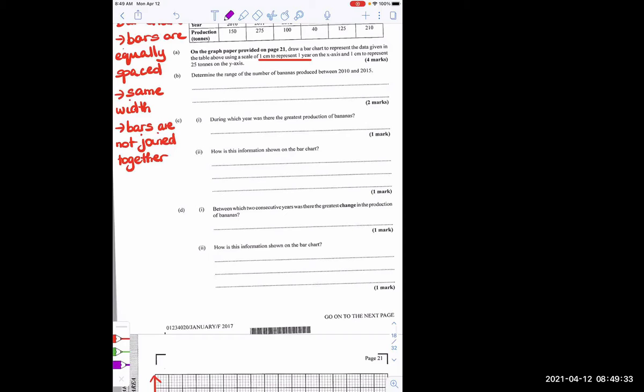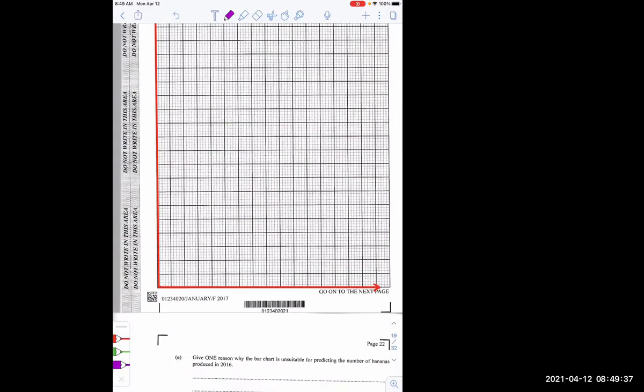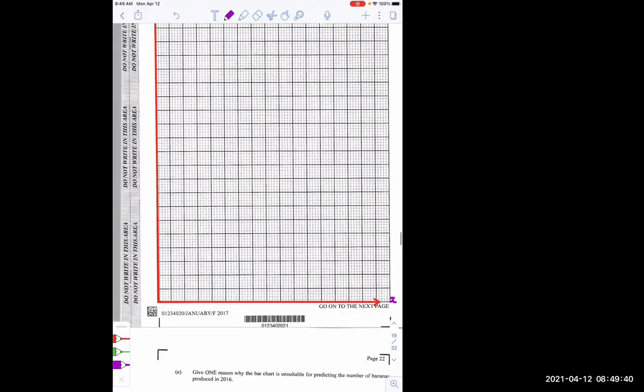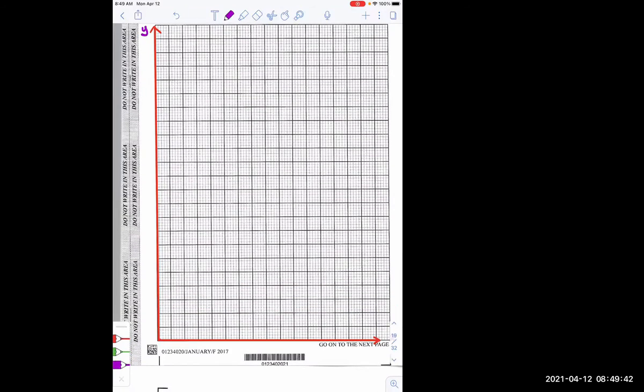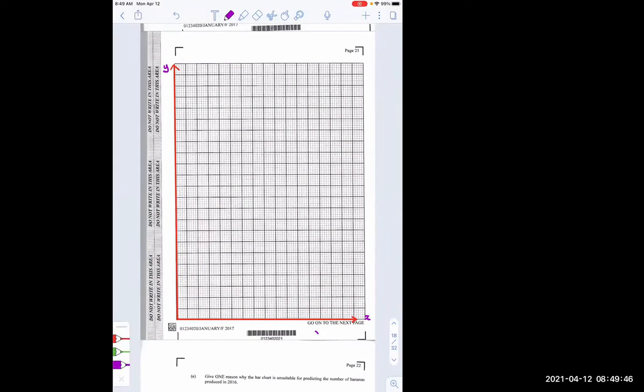Which axis represents years? The X or the Y? X. So we're going to label the axis X, and we're going to label here Y. We are going to label here as years, and the first year we are going to start with is 2010.